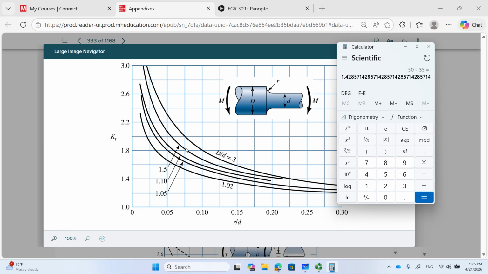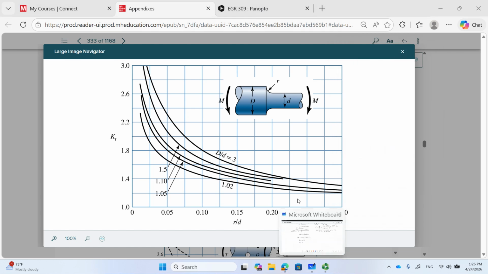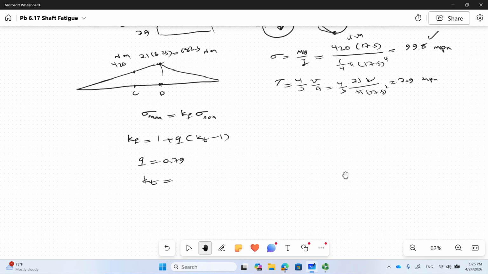So this is 1.5. So we are here. Stress concentration, go to the left. Alright, so this is 1.6. This is like 1.7 almost, right? Something like 1.7. Let's say 1.7. Let me see on my notes how much I considered for that. I considered 1.7. Okay, 1.7.